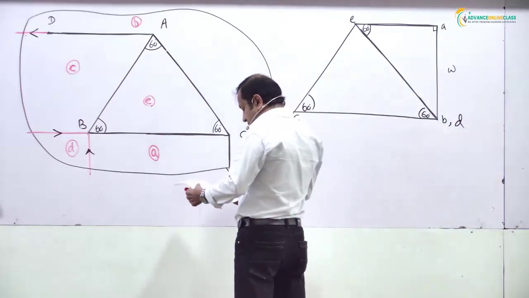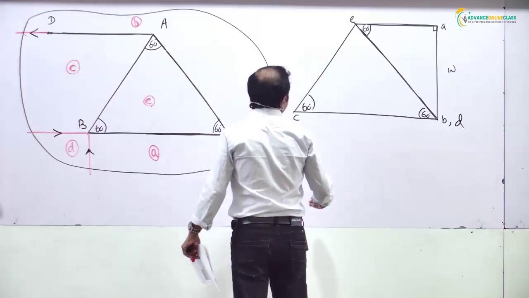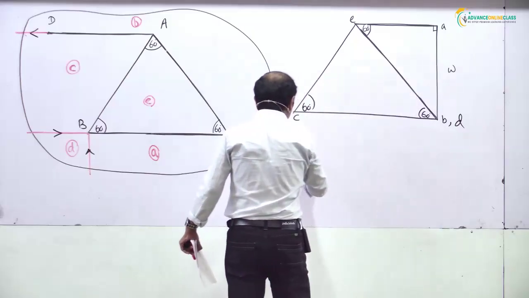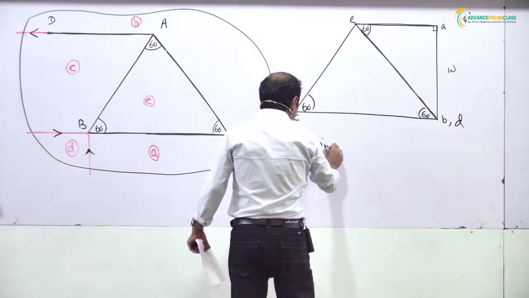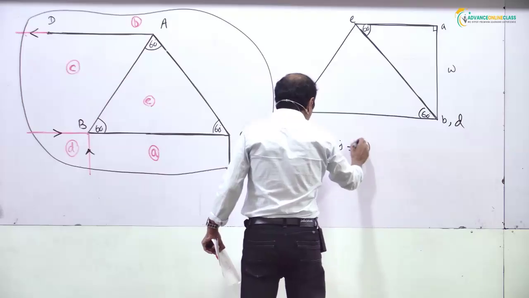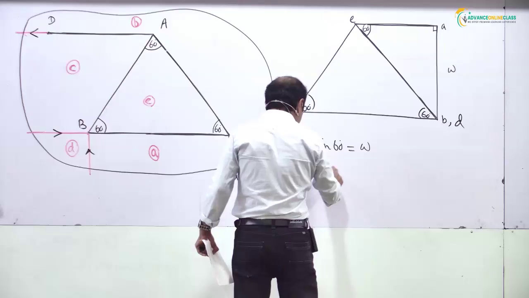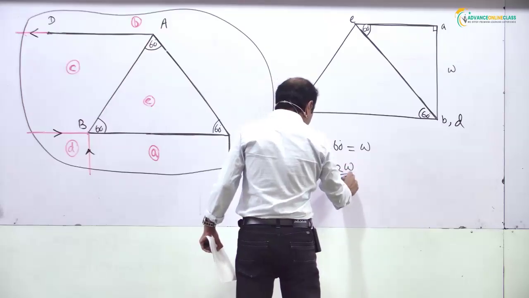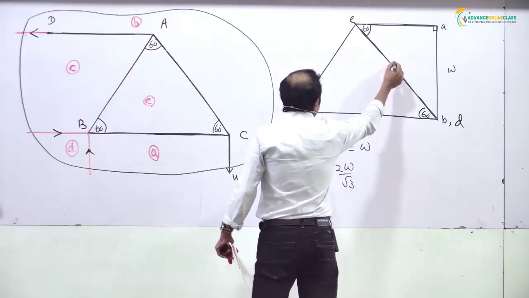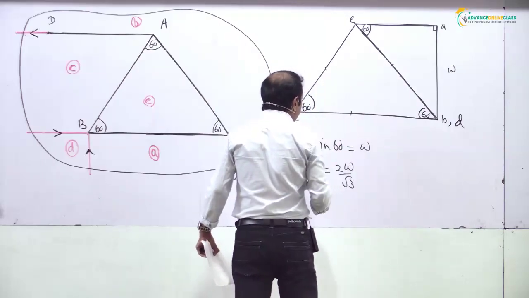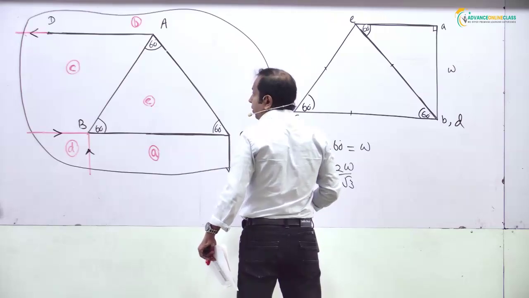Then the calculation part. Here, BE sine 60 is W. BE sine 60 is equal to W. Sine 60 is root 3 by 2, no? BE is 2W over root 3. But this BE length, CE length and BC length are equal. We need CD and BC, no?